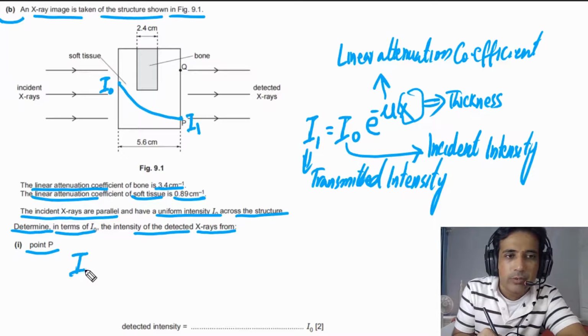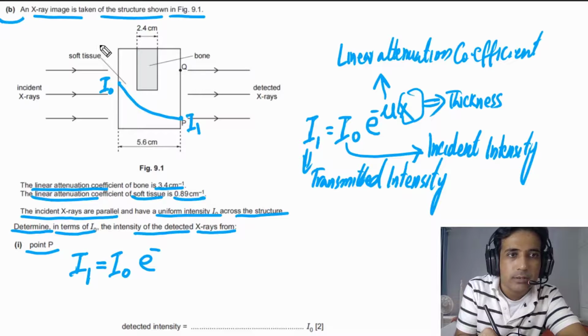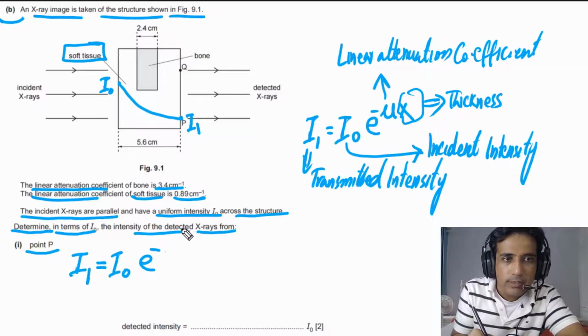So we can write down I1, meaning the transmitted intensity detected at this point. This one is equal to I0 e to the power of negative mu. We are talking about the soft tissue, so it is passing through the soft tissue. This is given to us. This is soft tissue, so we have to use 0.89.